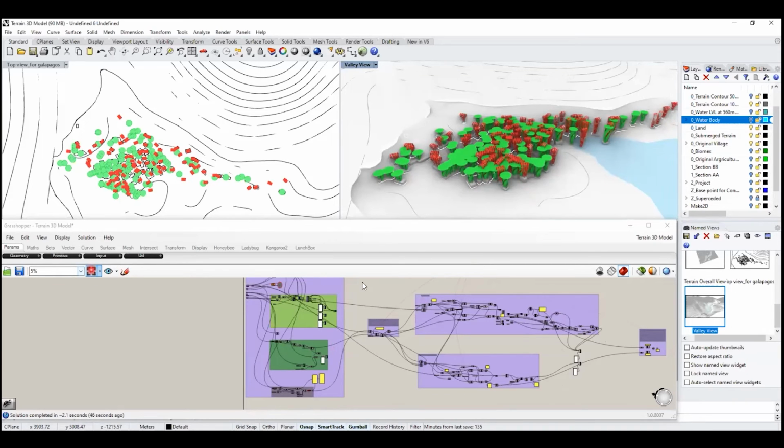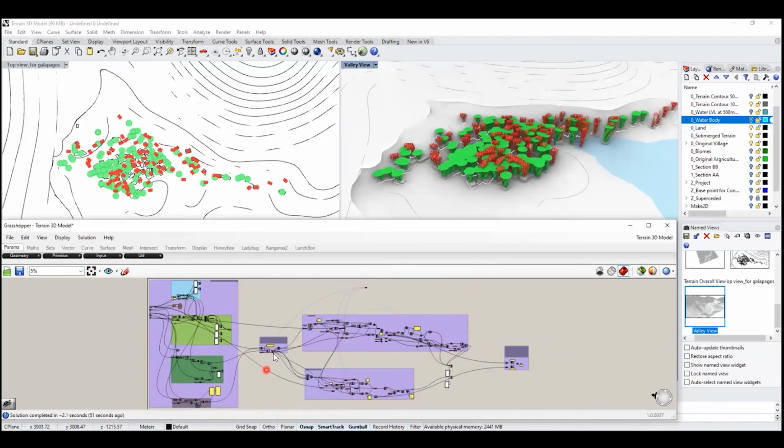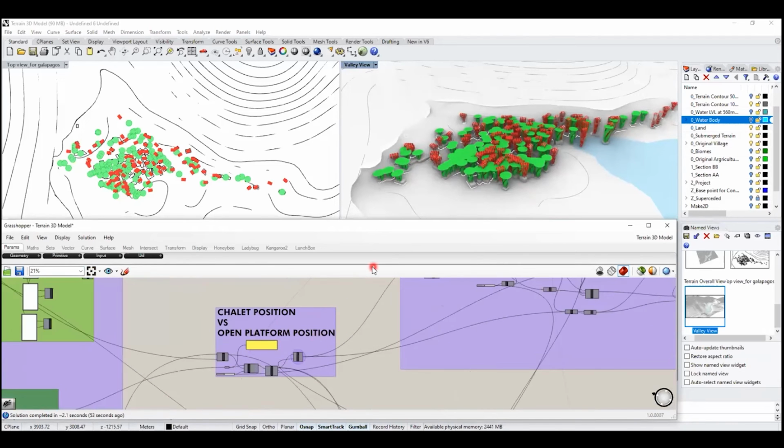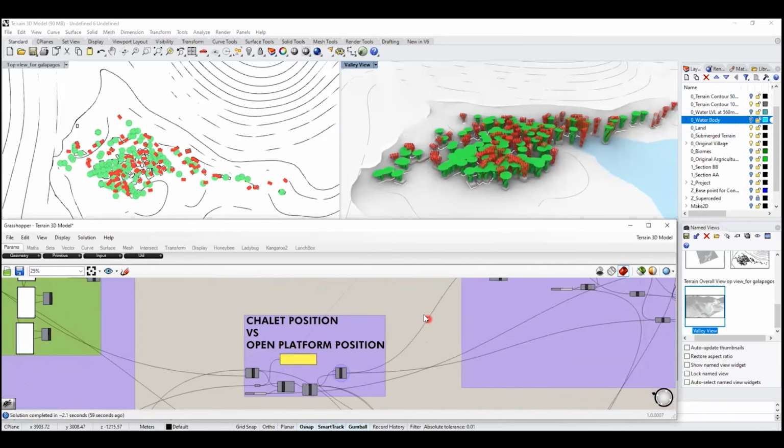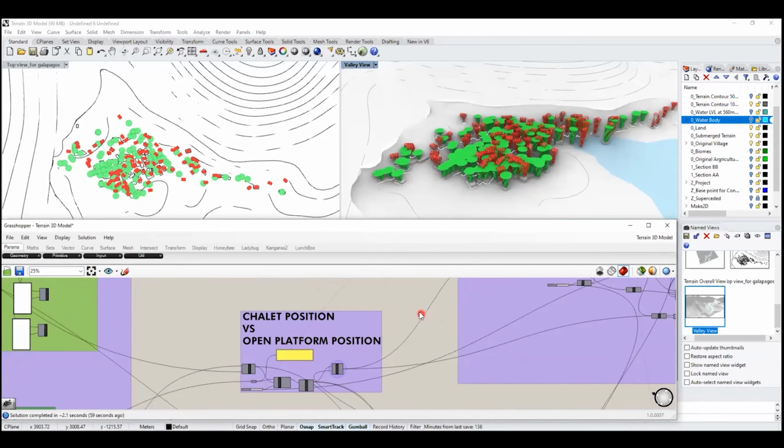So with the parameters of the environment, I went ahead and came up with an algorithm that essentially gives me where the position of each chalet will be and where the open platform will be. The chalets are denoted in red, and green are the open platforms.